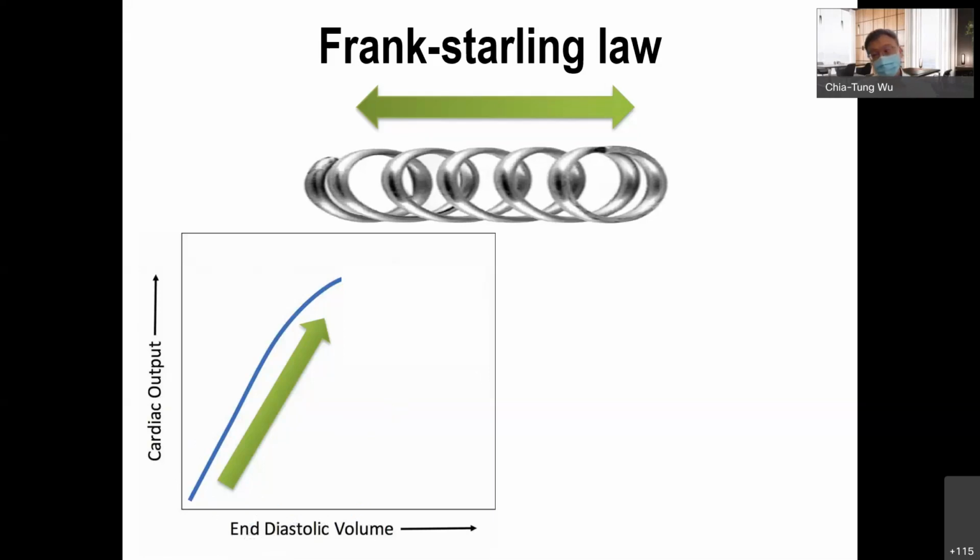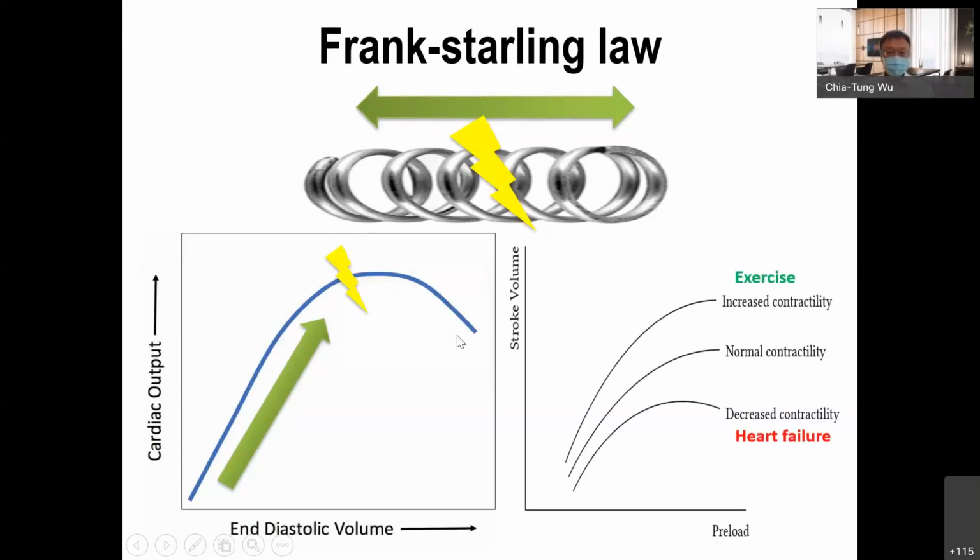And when we pull the myocyte more and elongate more, there's a certain point where the contractility does not improve, then our cardiac output becomes the same, then it goes downhill because we pull the cardiac myocyte too much and it gets damaged.